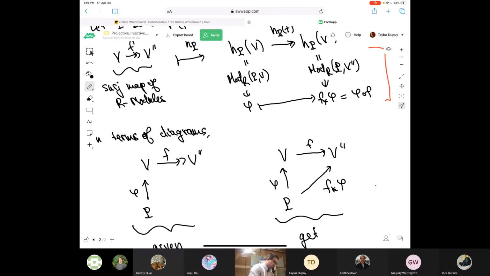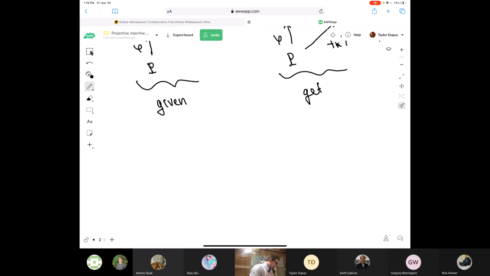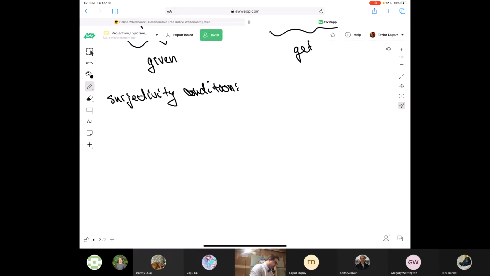The surjectivity condition looks like this. It says that it's the other way.